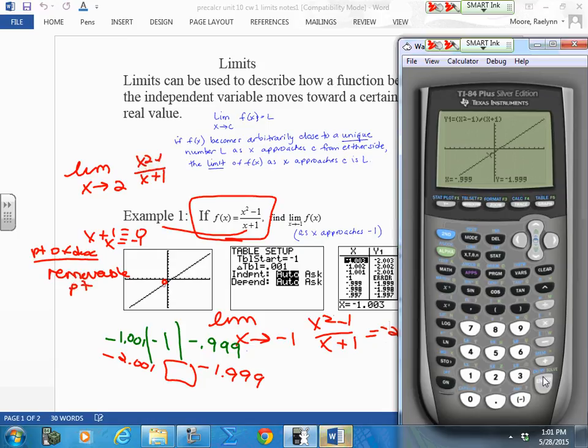So I'm going to look at my table, and I'm going to say, okay, here when x is -2, what is my y value? Yes, so it has a limit. Oh, here, make it +2. At +2, what is my y value? 1. At -2, what was my y value?